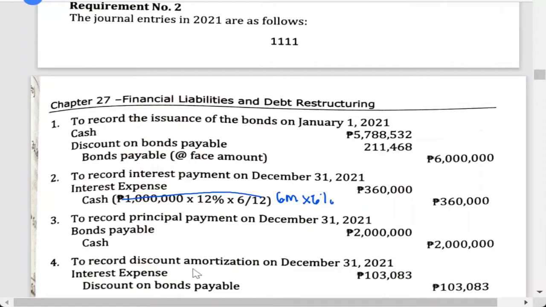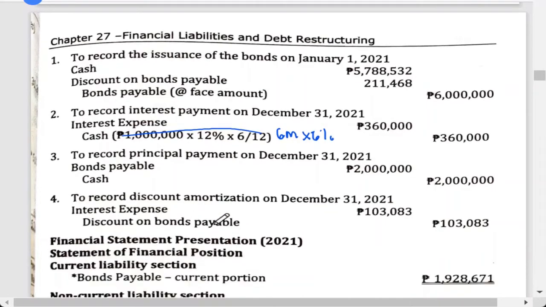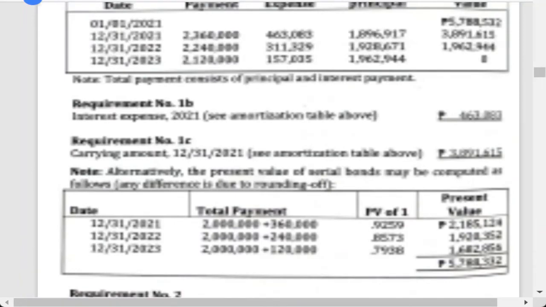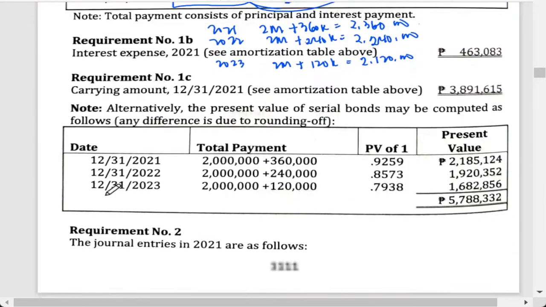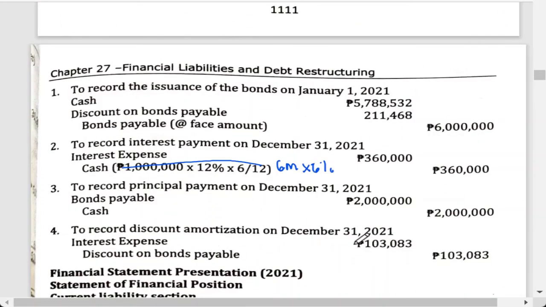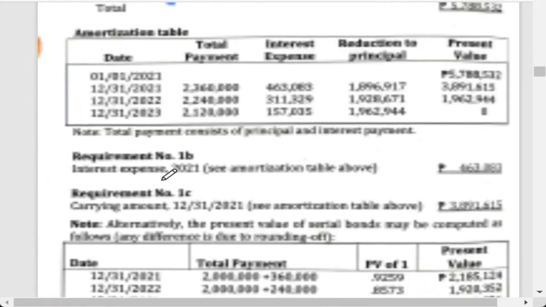Then, to record the discount amortization, you have to get the amortization of the discount. So, how do we get this 103,083? Let's go to the table here.